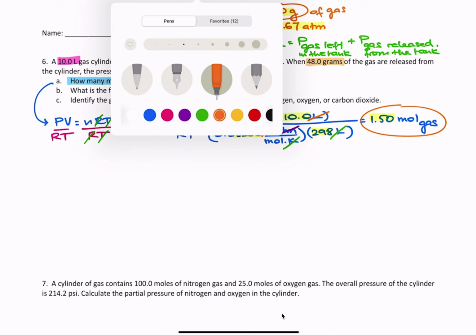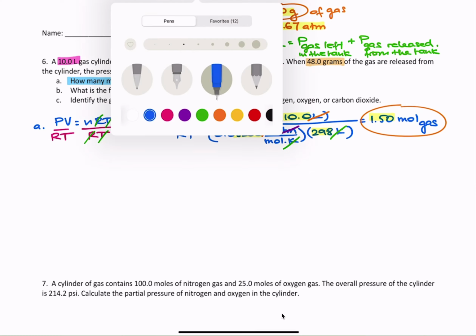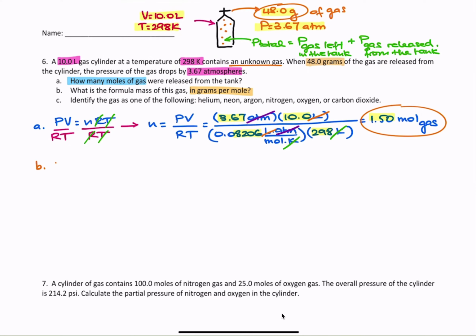So that was the answer for A, and if we do B, the molar mass, which is the same as the formula mass for the gas, will be equal to the gram of gas, 48.0 grams, over the mole of gas. This represents 1.50 mole. So we have the unit we were looking for, grams per mole, and 3 sig figs, 32.0 gram per mole.